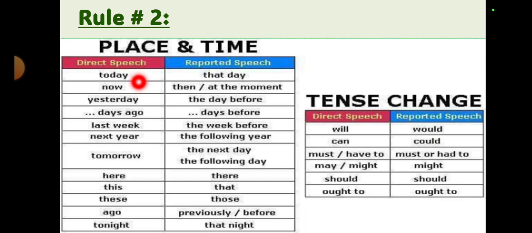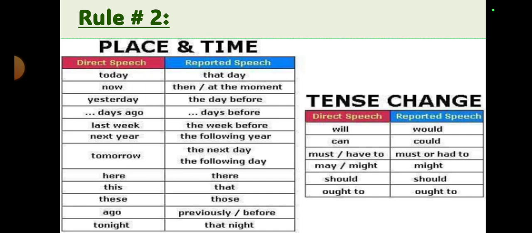If inside the reported speech you find words like today, now, yesterday, or any of these in the list, you will replace them with these words. Today will go into that day, now into then, yesterday into the day before, here into there, this into that, these into those, ago into before, and tonight into that night. You have to memorize this list and practice later.